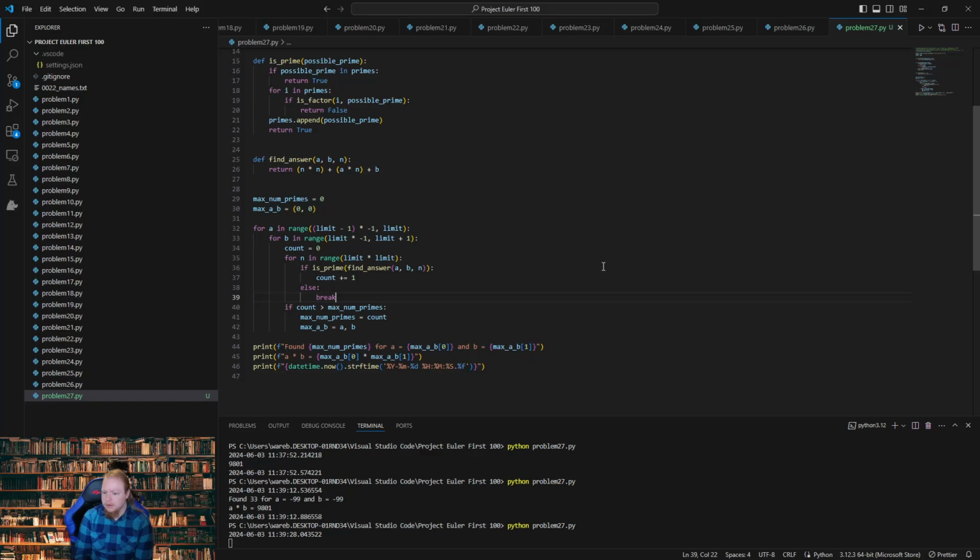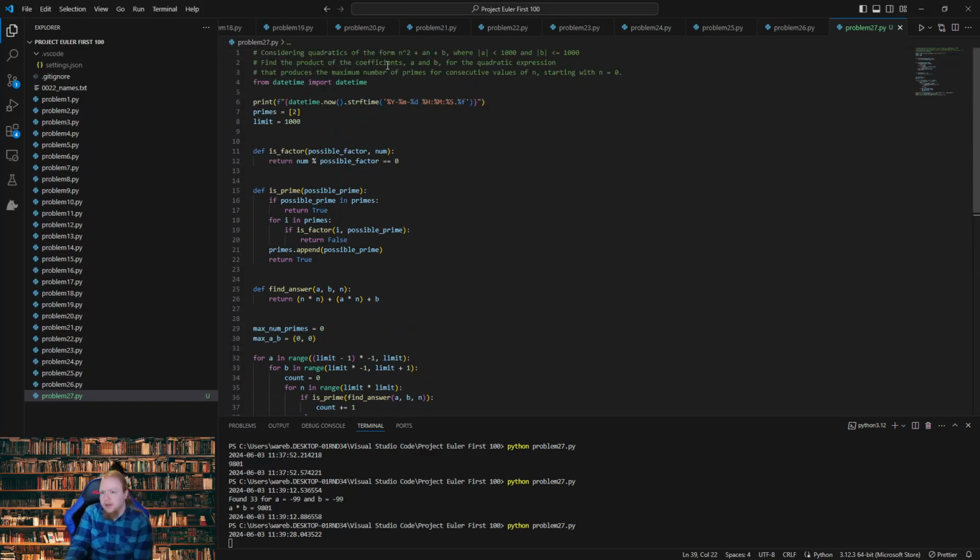Goodness. Wait a minute. A equals negative 99 and B equals negative 99. N equals 0 would be negative 99. Right? Let's look again at our formula.